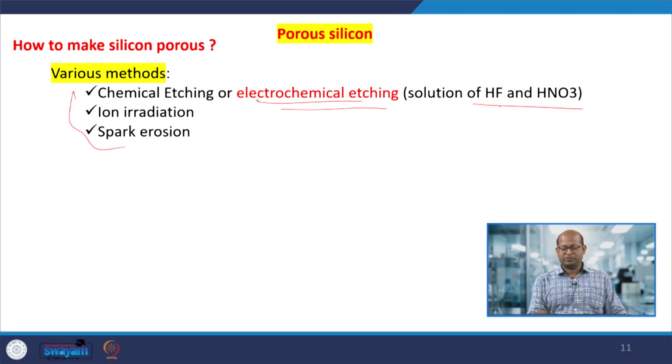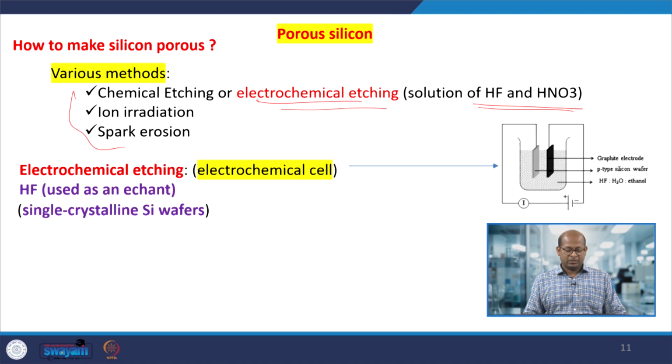In this method hydrofluoric acid and nitric acid are used, and one electrochemical cell is used where silicon is taken as the electrode material. Here a single crystalline silicon wafer has to be used to prepare porous silicon, and HF is used as the etchant. So these are the chemicals you have to use.